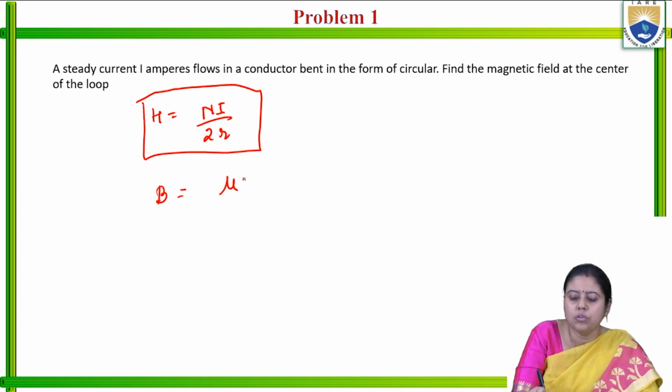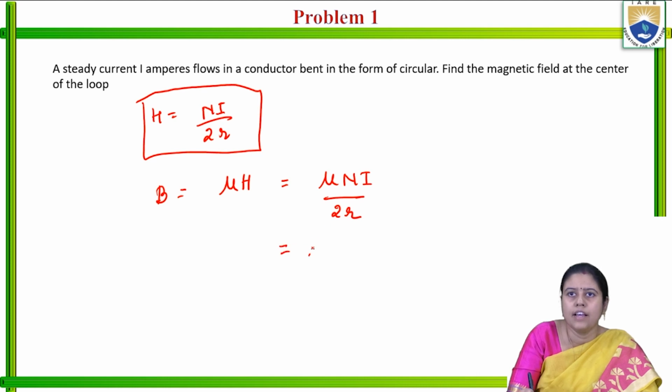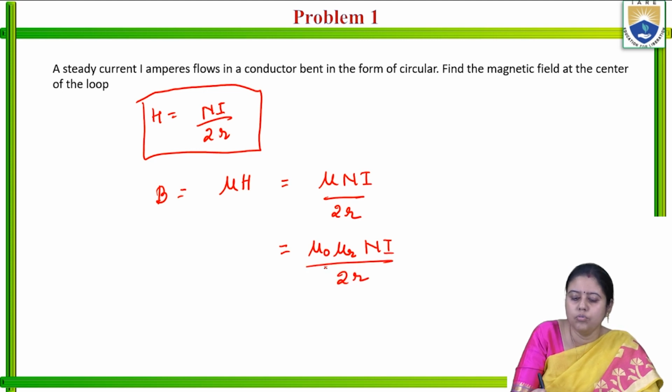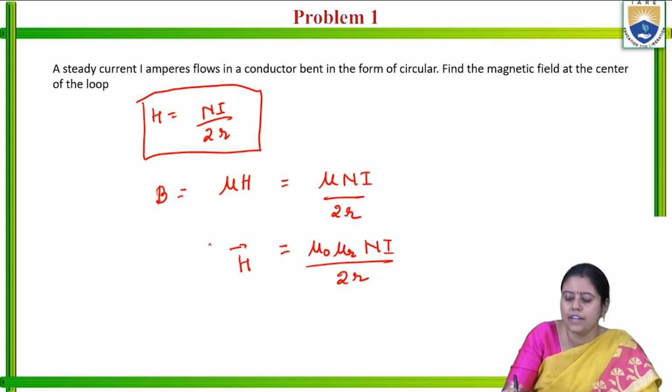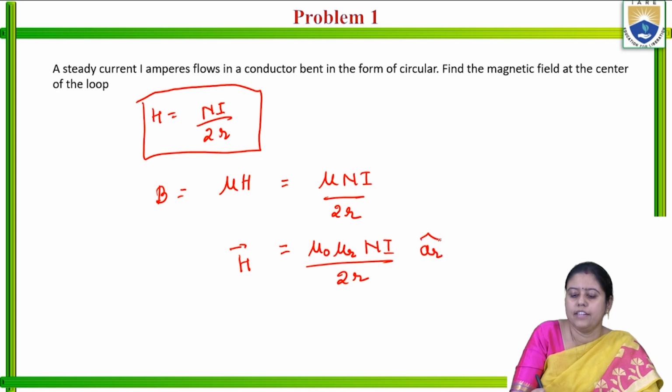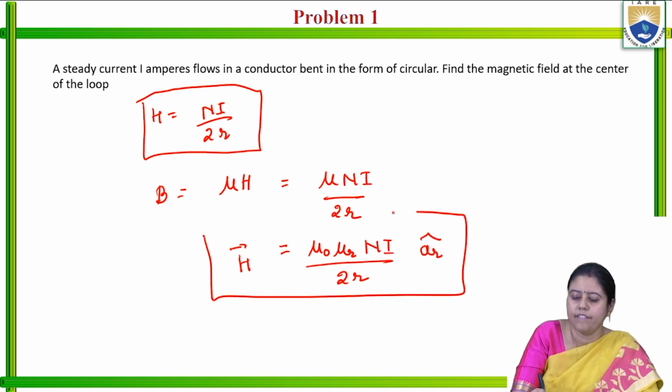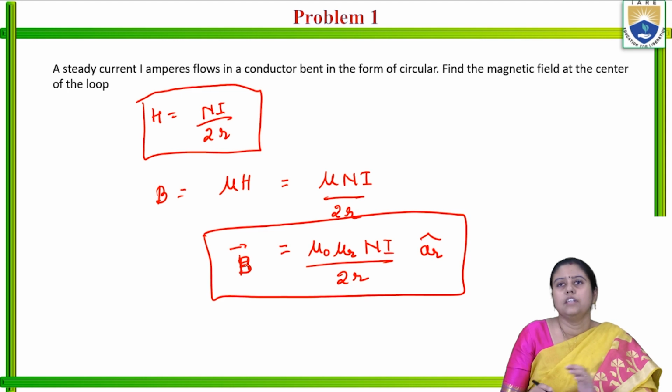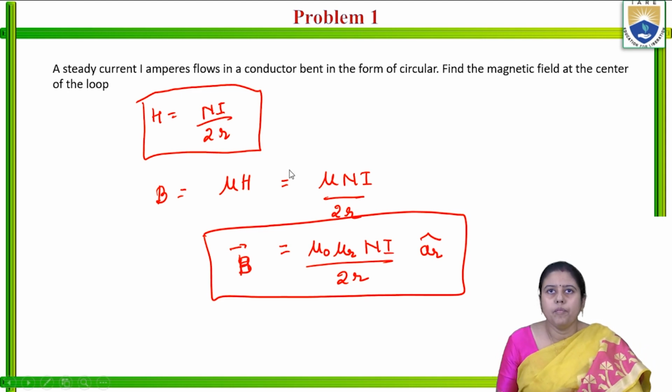B is equal to mu H, so we get B equal to mu nI by 2r, or we can write it as mu naught mu r nI by 2r. This is the H. What is the direction? Direction is always radial. So we got problem 1.